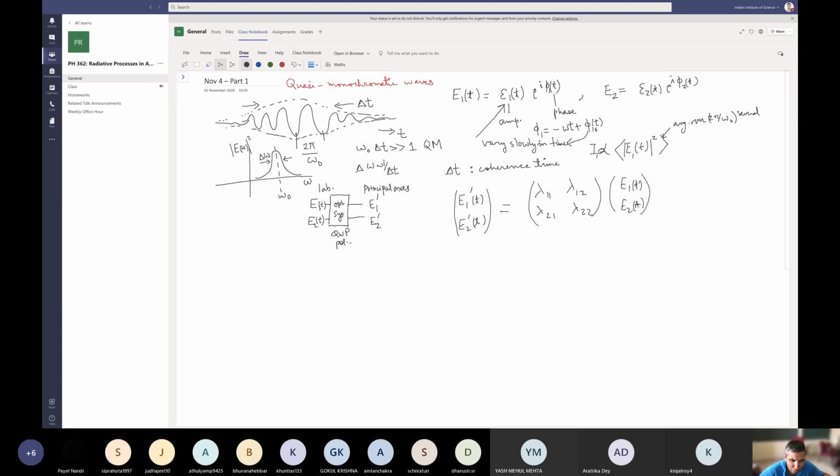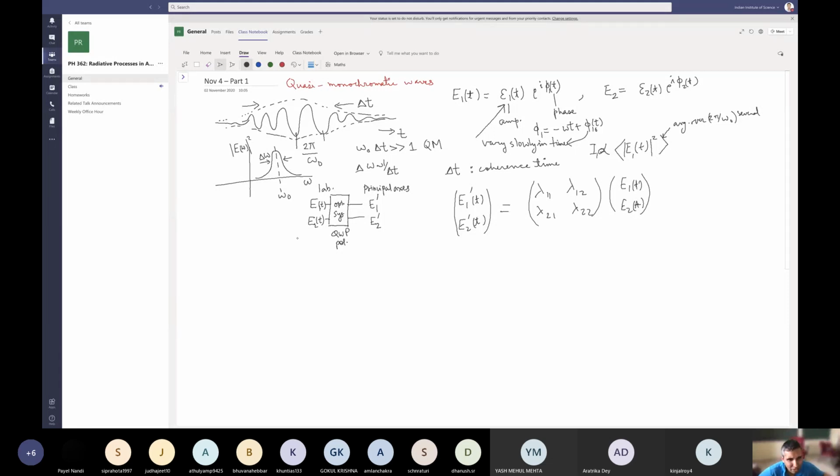Do you guys know about polarizer and a quarter wave plate and a half wave plate, things like those? Yes, sir. So, for example, if you have a quarter wave plate, it introduces a phase difference corresponding to a quarter of a wavelength between the two polarizations.